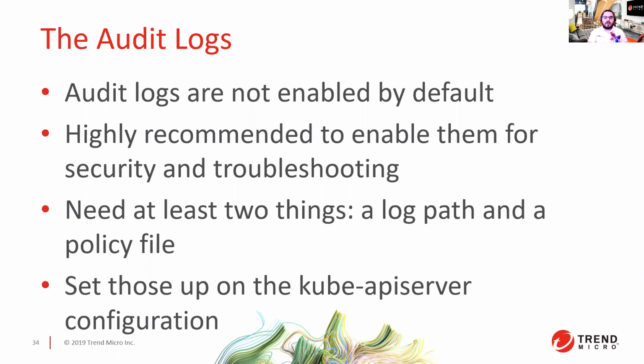You can log just the request, or the request and response, or just the metadata. And you set those up in the Kube API server configuration. If you're running on a managed service, for example EKS, it's just a click of a button to enable those logs on AWS, and they go to CloudWatch.